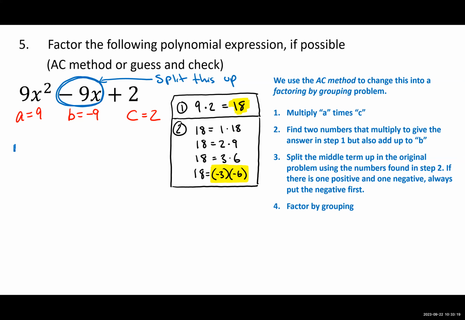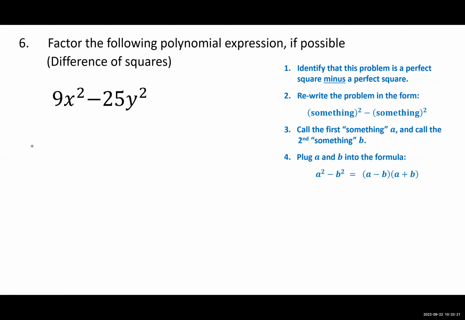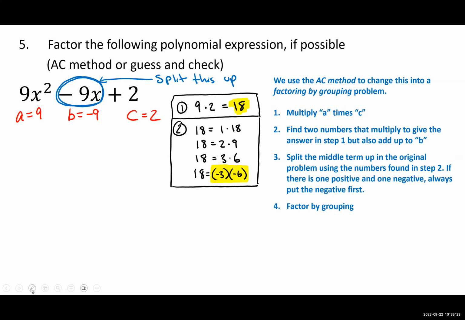So now we've got 9x squared, and instead of minus 9x, I'll say minus 3x, minus 6x, plus 2.